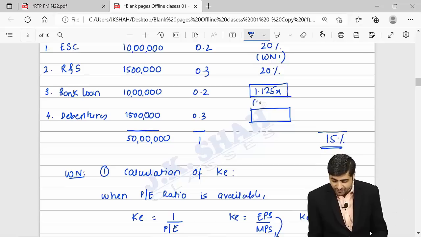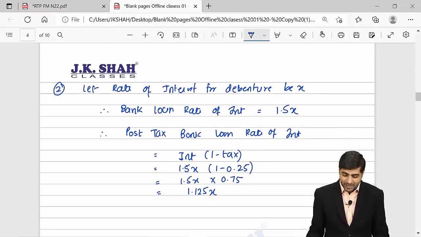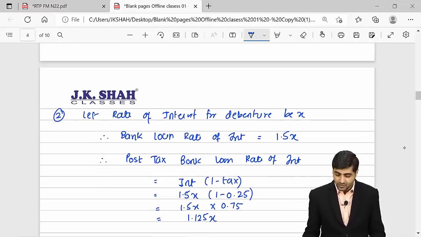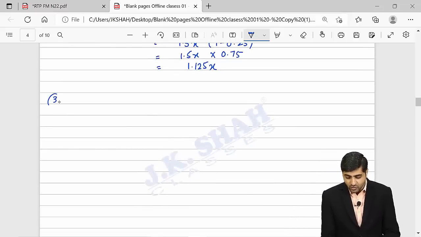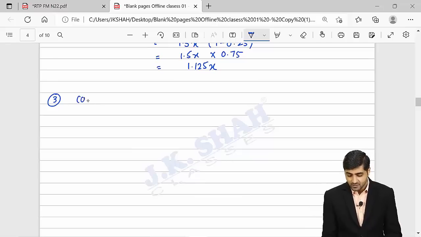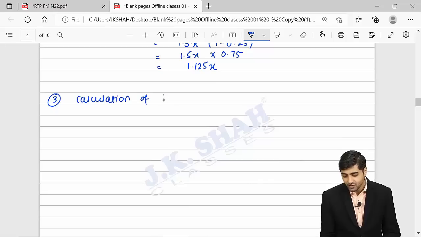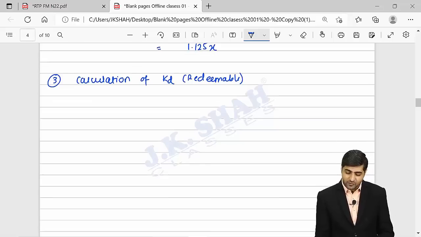Okay. But now let's talk about debentures. So you can give the reference to your working note number 2 regarding your calculation of your bank loan rate of interest. So now let us start with your third part, and that is going to be your calculation of cost of debt for redeemable debentures. So guys, for this you know what's the formula.